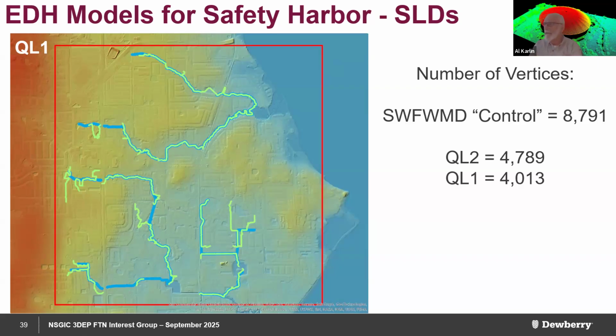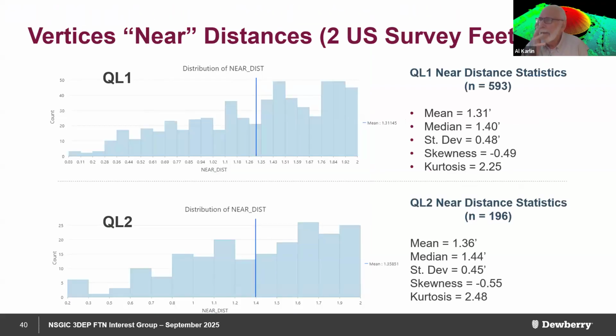In my QL2 LiDAR data, I generated about 4,700 vertices, and in the QL1 data, about 4,000. So in terms of the number of vertices, we generated about the same number from the two different elevation models, about half of those that were hand-clicked. Just for a basic comparison.